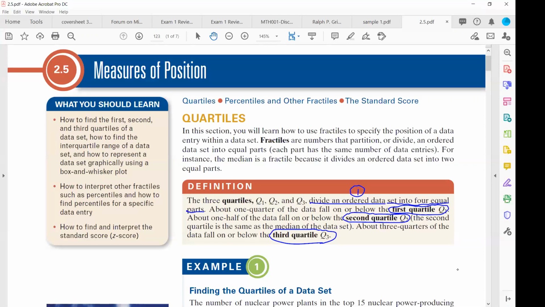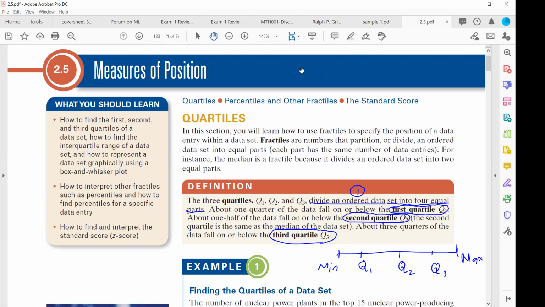Okay, so suppose this is your collection. First of all, you have 3 quartiles, Q sub 1, Q sub 2, Q sub 3. I expect you to ask, so what are these end values? This is your minimum, and this is your maximum.